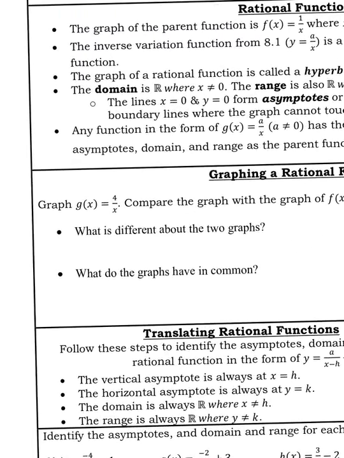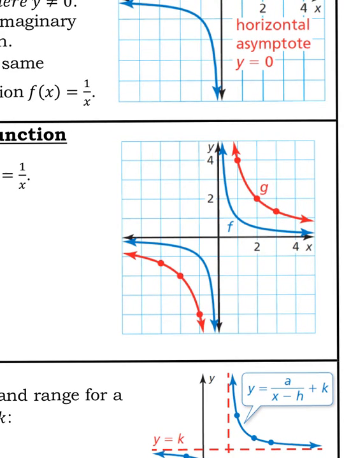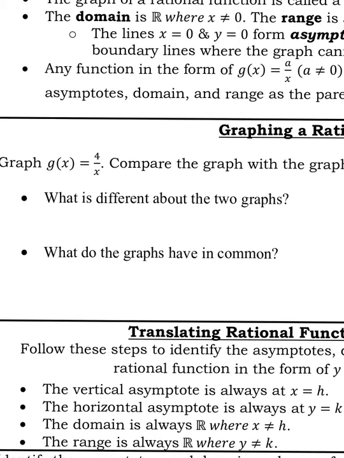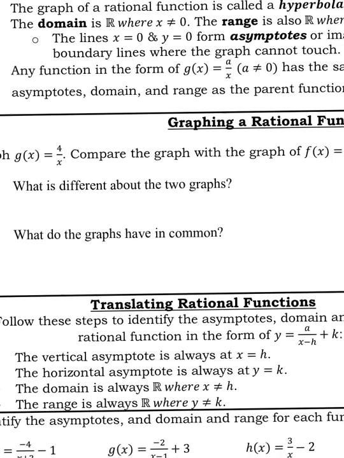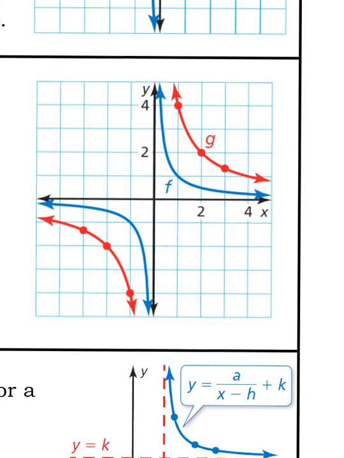Look at this graph right here. We have a graph of 4 over x and 1 over x. The 1 over x is in blue, and 4 over x is in red. So we're just going to talk about the differences and the similarities. The main difference here is that g of x is lying farther away from the x and y axes than the graph of f of x.